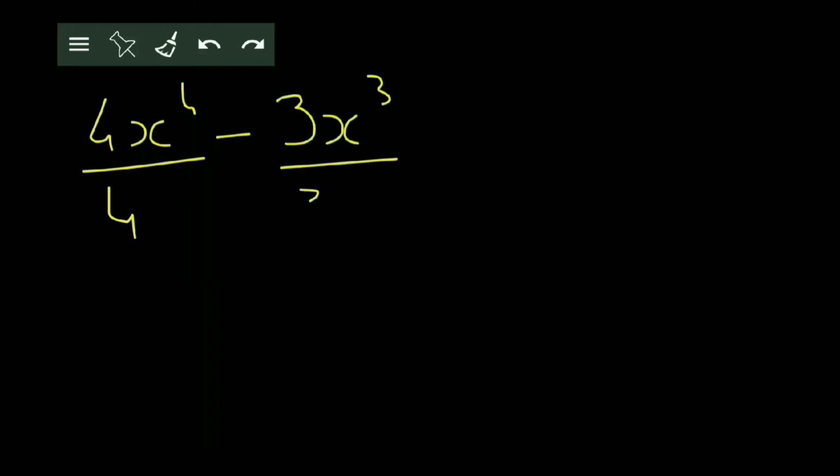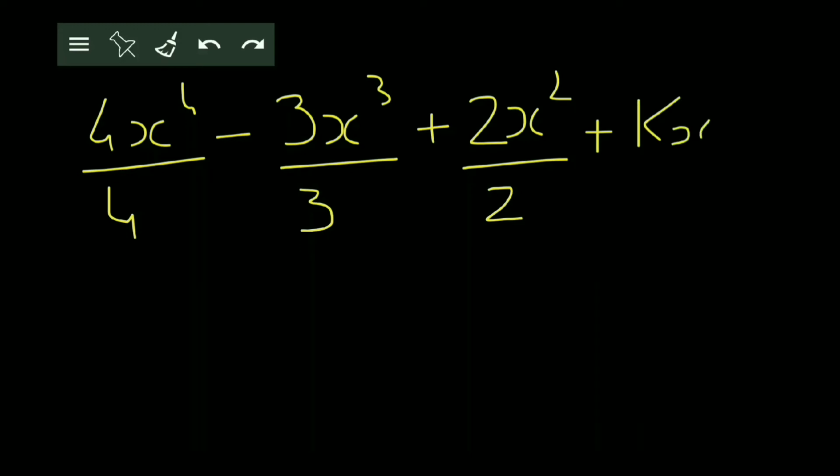So upon integrating, the integral of 4x cube turns out to be 4x raised to 4 upon 4, minus 3x square becomes 3x cube upon 3. 2x becomes 2x square upon 2. k, as I told you, becomes kx. And the last term, the constant term. Now, these terms we can cancel.